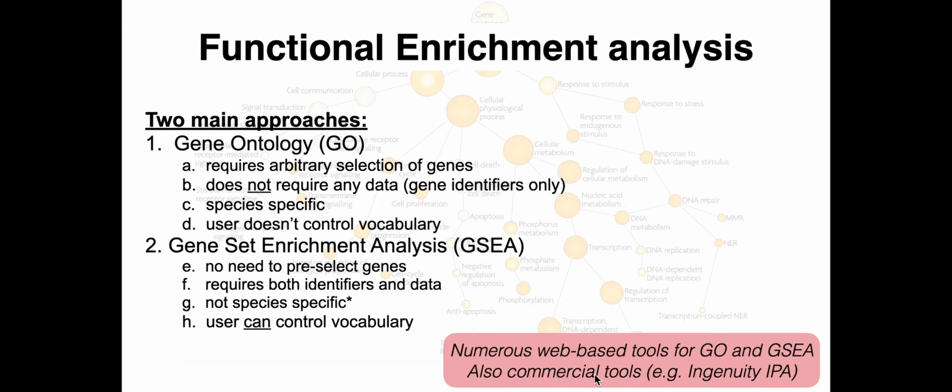In terms of commercial tools, I know a lot of people use IPA. I don't find as much value in it. What IPA folks will tell you is that you get better ontologies, better annotations of gene functions, because the staff that develop this software manually curate the literature and develop a proprietary database of expanded functional annotations, and therefore they can deliver to you more accurate, more sophisticated results.